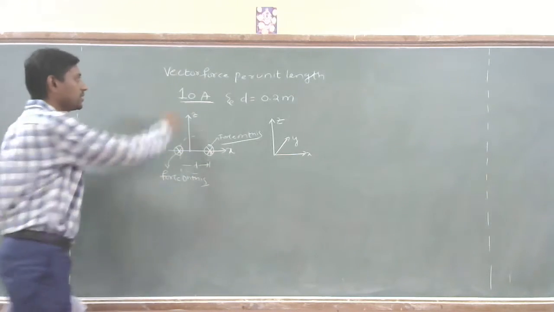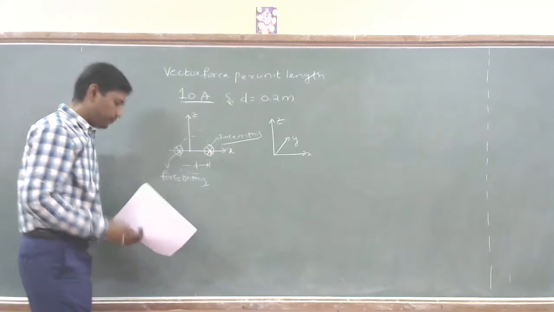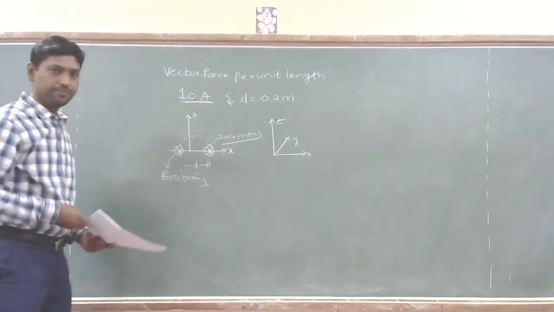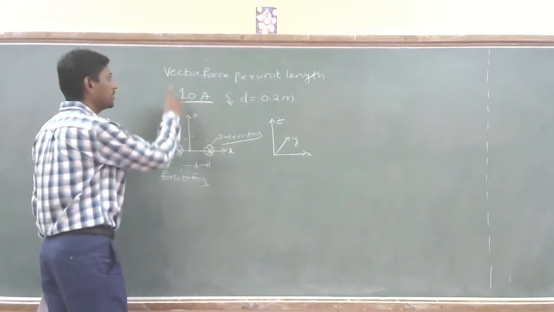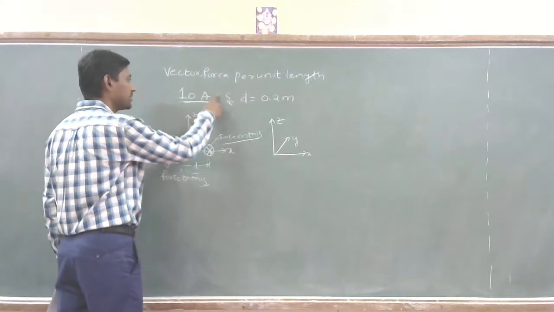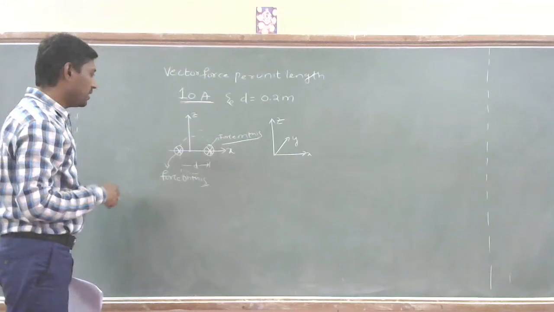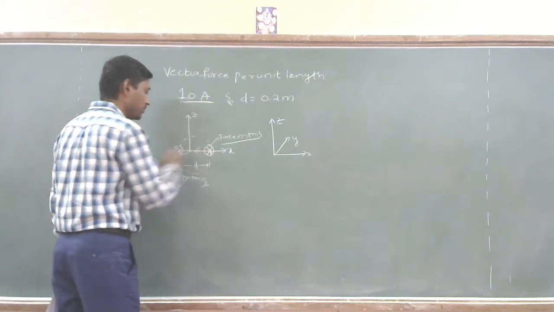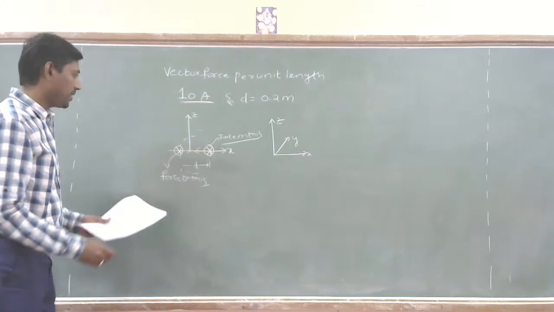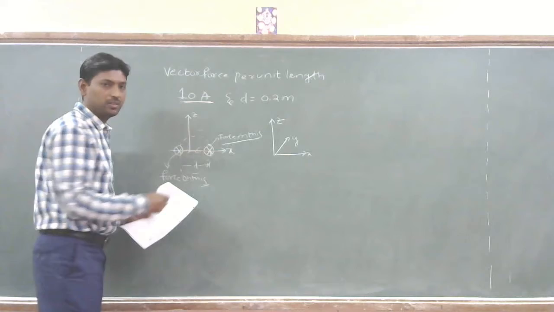They have asked us to find the vector force. As we proved in the last class, if parallel conductors carry current in the same direction, they will be attracted, so the nature of the force will be attractive.